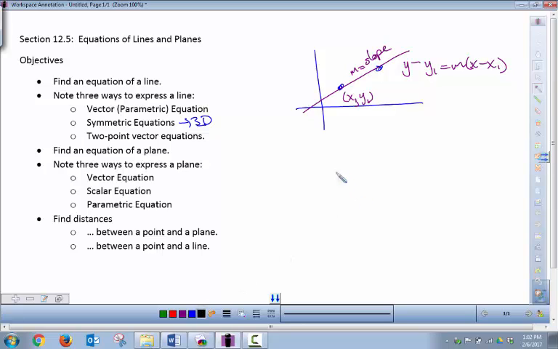So let's find a specific example. Let's have a couple of points that we're going to try to connect. Give me a point on the xy plane. 5, 1. And another point, 2, 3.